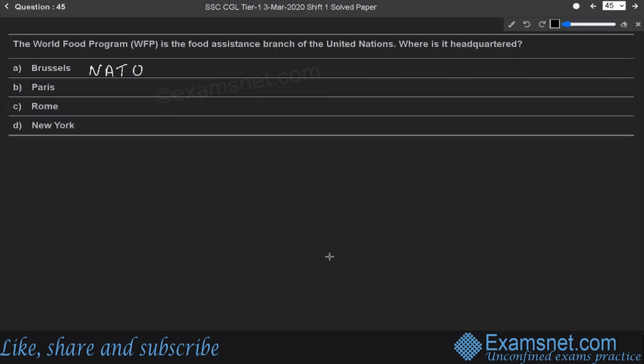Next comes Paris. The organizations that are headquartered here are UNESCO, OECD, and ICOMOS. UNESCO stands for United Nations Educational, Scientific and Cultural Organization. OECD stands for Organization for Economic Cooperation and Development. And the third organization is ICOMOS.